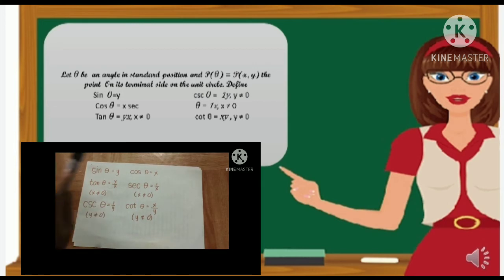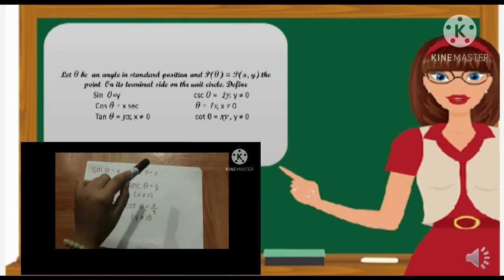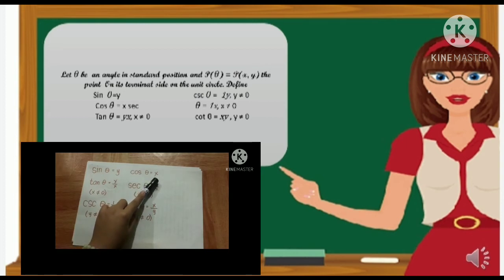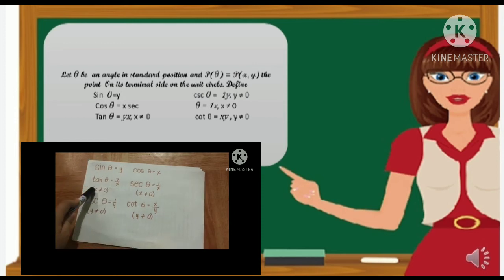Similarly, we have cosine of theta, which is defined as the x-coordinate of the terminal point. And tangent of theta is defined as the ratio between y and x. Note that x should not be equal to 0.